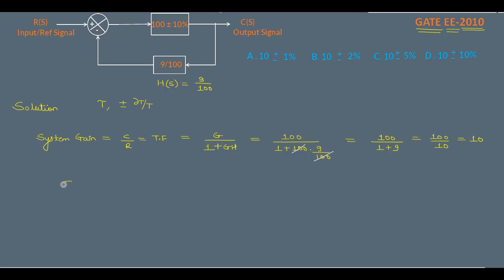We know the sensitivity S of a transfer function T with respect to the forward gain block G is given by dou T by T upon dou G by G. So we need to find the value of dou T by T. The value of dou G by G, which is the change in forward gain path, is 10%.